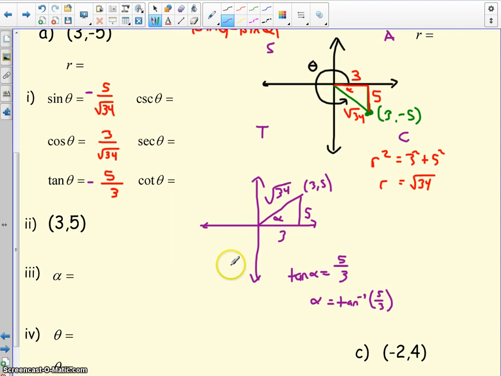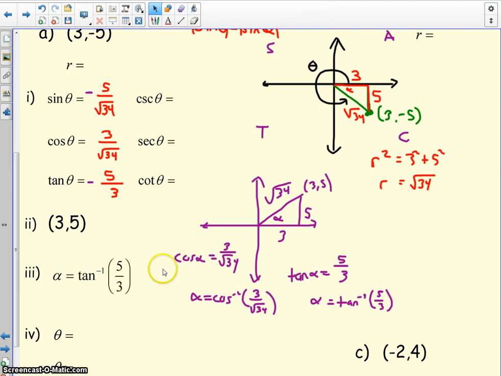I could use cosine or sine. So let's say I wanted to use cosine. Cosine of alpha in this triangle is adjacent over hypotenuse, so 3 over root 34. So alpha would be the inverse cosine of 3 over root 34. So I can use either one I want here. I think the one I used here was tan, but you can use any ratio you want. You could create one for sine as well.